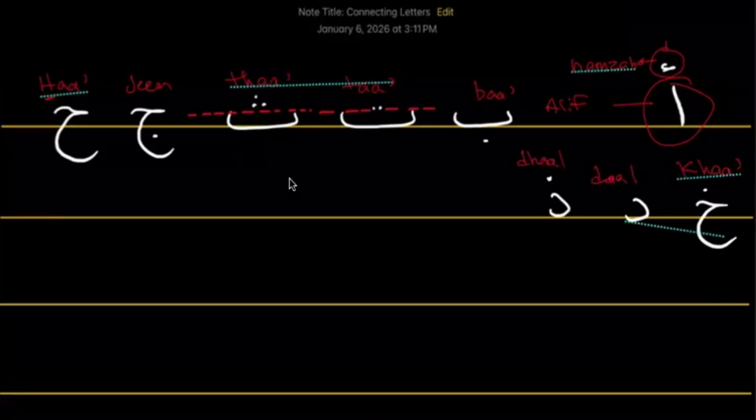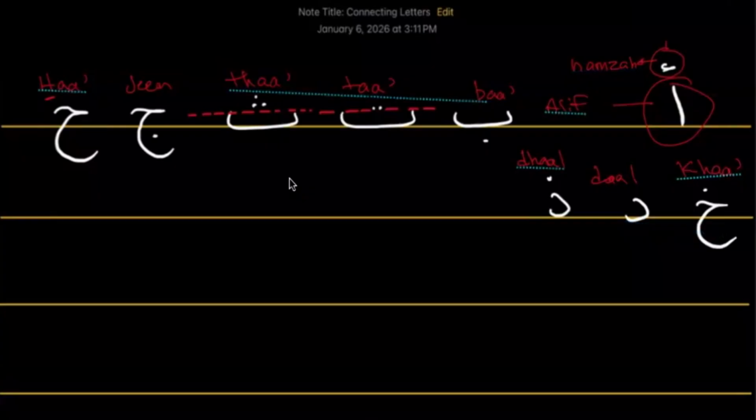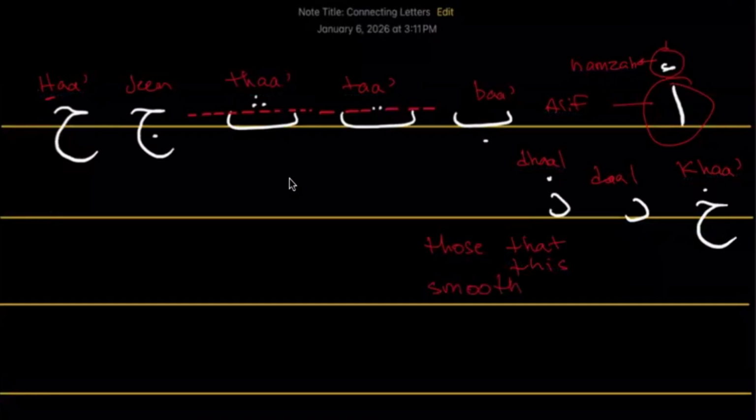We're using DH here for thal so that it's clear for you. What sound does thal make using DH? Thal makes a sound like in the word that, or this, or those, or the word, for example, smooth.